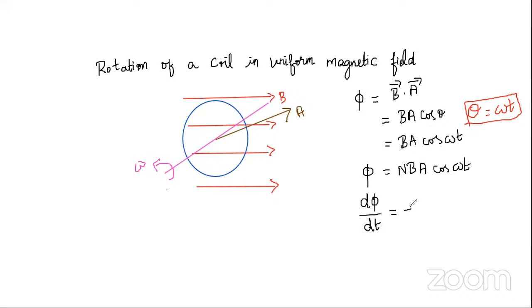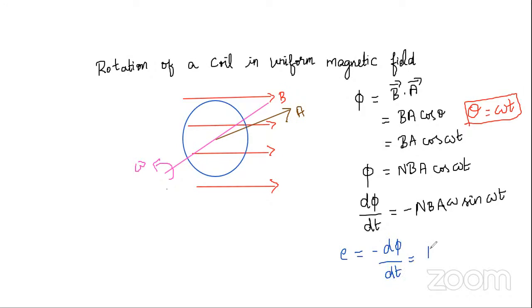So that will be minus NBA omega sin omega t. We all know very well the EMF is given by minus d phi by dt. So E equals minus d phi by dt.